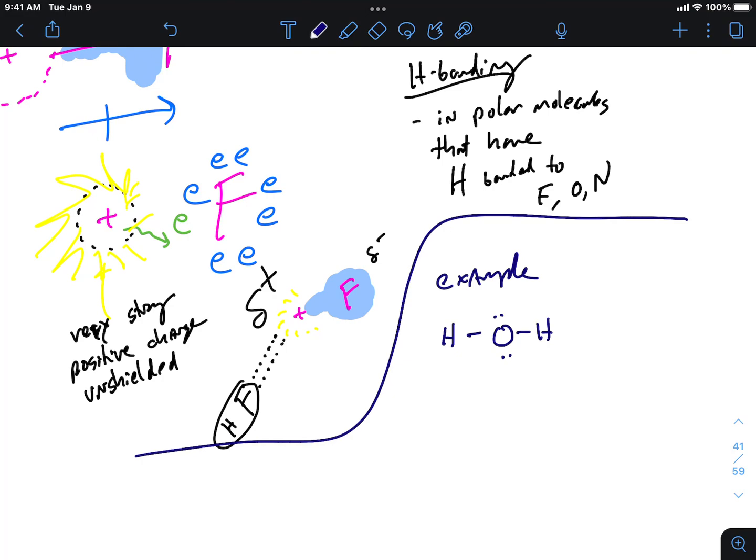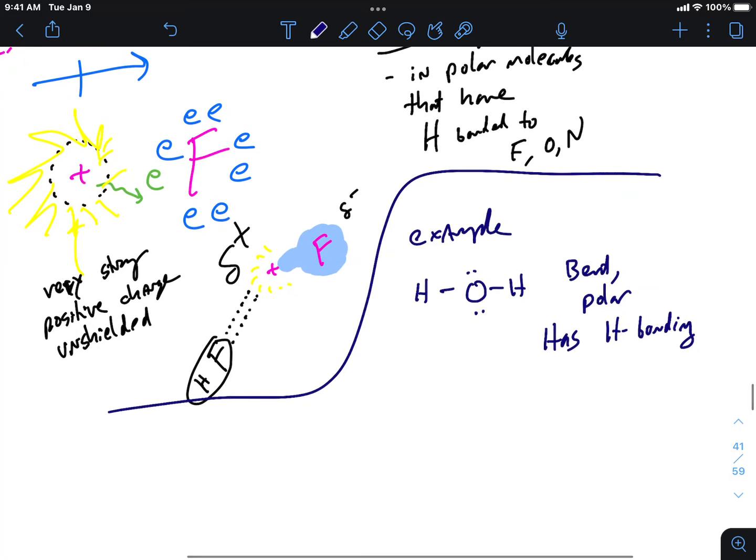You're going to need to know the shape for the quiz next week. It is bent. Is this polar or non-polar? It is polar. Okay. Is there H directly bonded to oxygen? Yes. So this has hydrogen bonding.